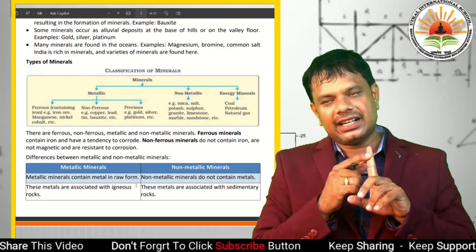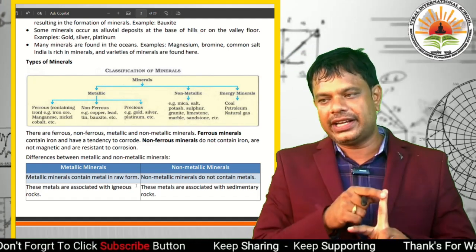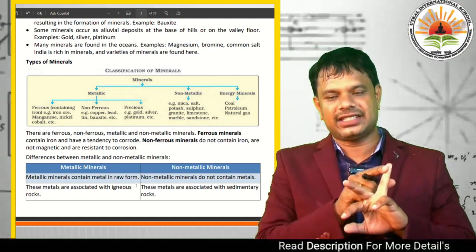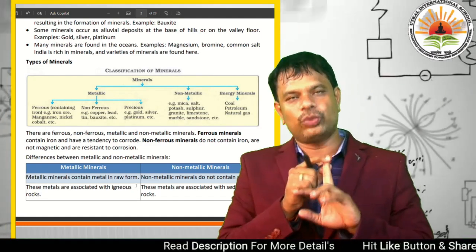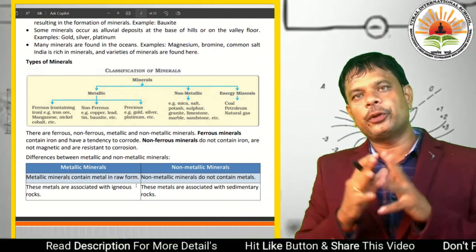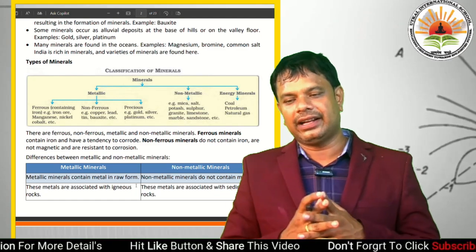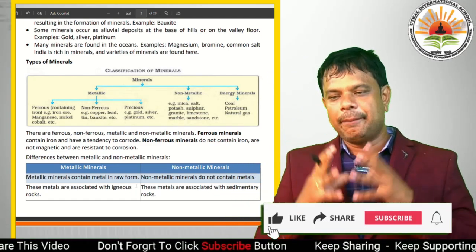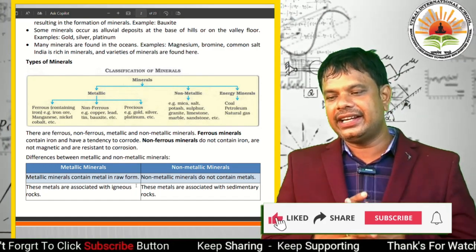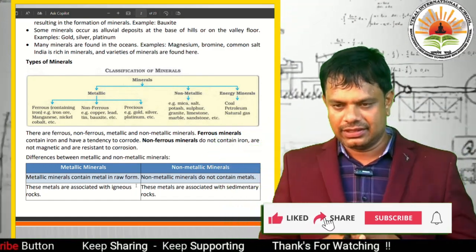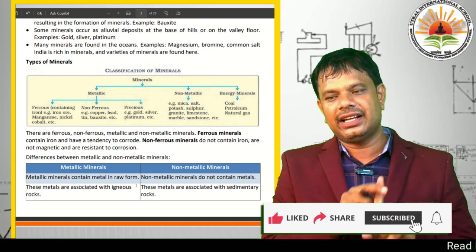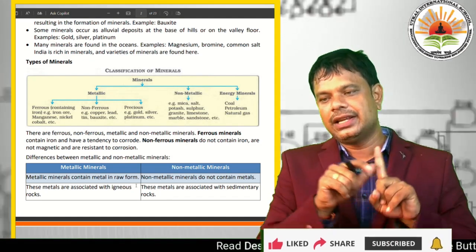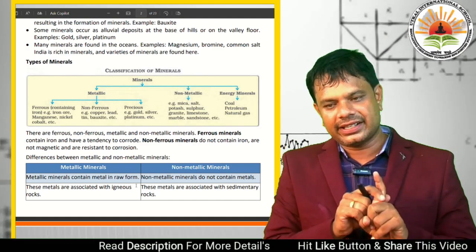One is metallic, another is non-metallic, and the third is energy minerals. If we classify further, the metallic minerals are divided into three parts: ferrous metallic, non-ferrous metallic, and precious metallic.